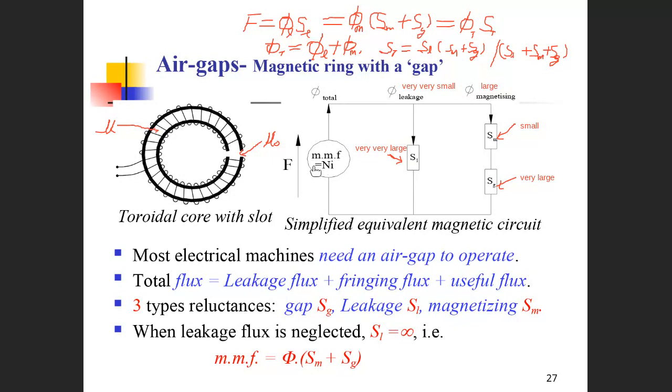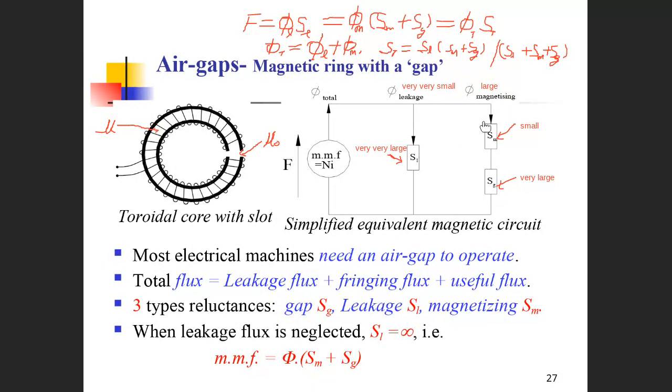Someone said, oh, here I have no flux; for the reluctance, you can look in from this side, for this branch. For the total flux, that is the sum of the leakage flux plus the magnetizing flux. For the total reluctance, that is the leakage reluctance in parallel with the ring reluctance.